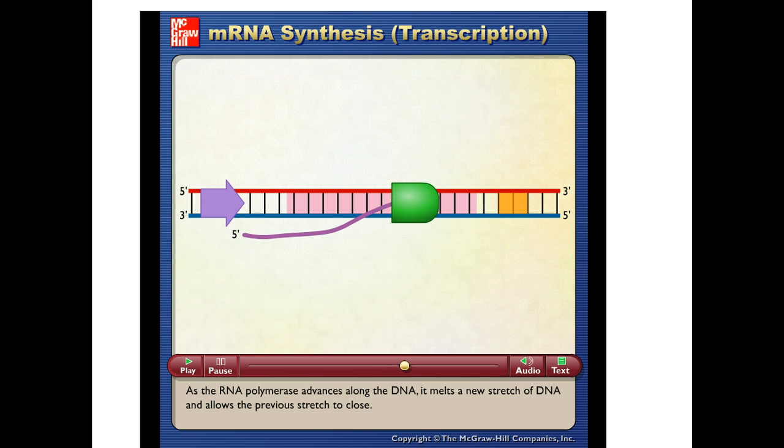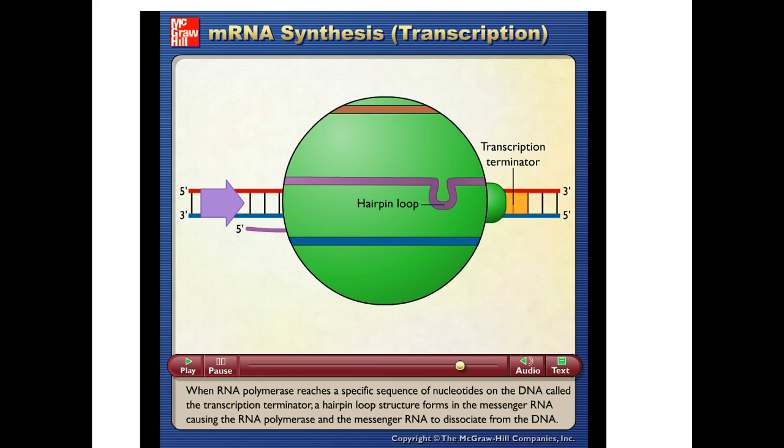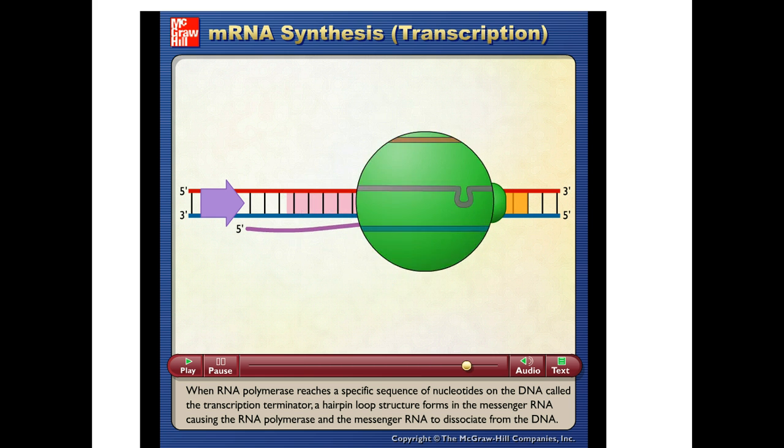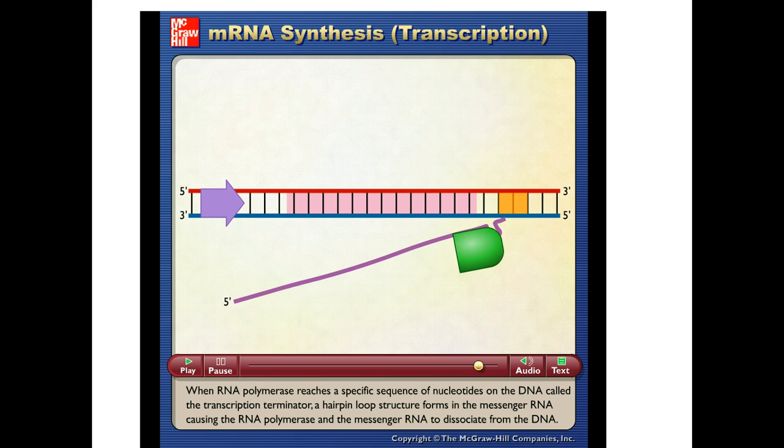As the RNA polymerase advances along the DNA, it melts a new stretch of DNA and allows the previous stretch to close. When RNA polymerase reaches a specific sequence of nucleotides on the DNA called the transcription terminator, a hairpin loop structure forms in the messenger RNA, causing the RNA polymerase and the messenger RNA to dissociate from the DNA.